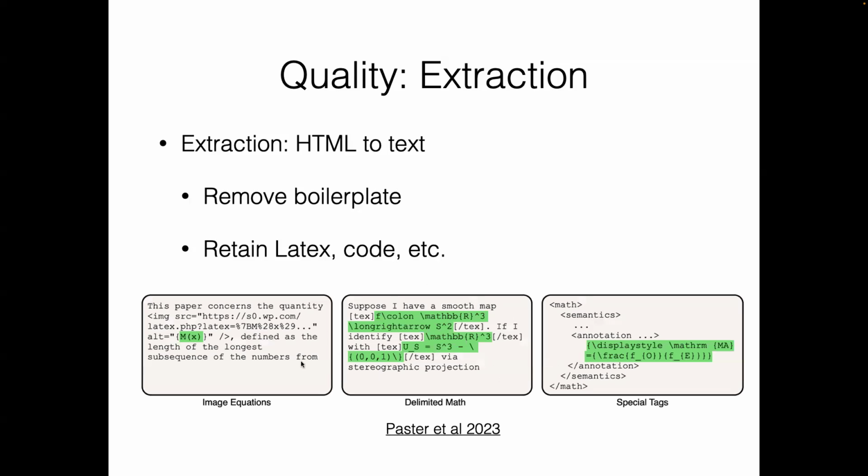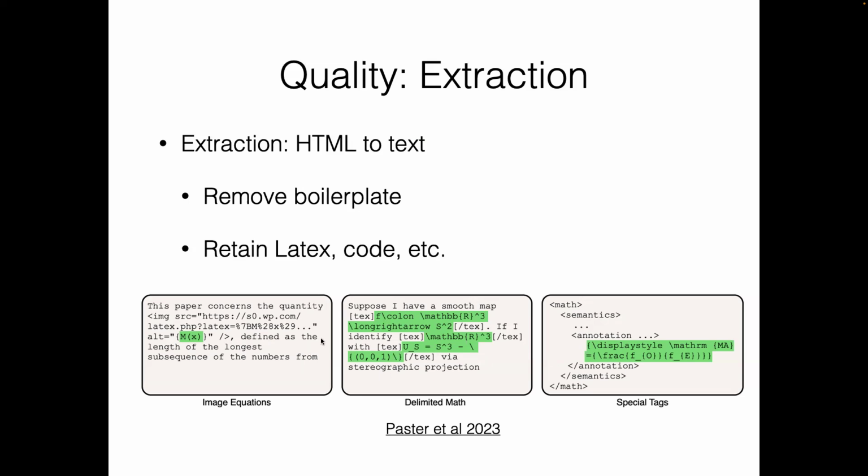Here's an example, and the paper is called Open Web Math. Basically, they were trying to collect as much math data as they could from Common Crawl. And they noticed that math is actually represented in various different ways. It could be in these special annotation tags. It could be represented as MathJax, if you're familiar with that, or just LaTeX.